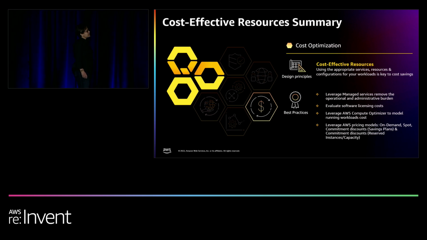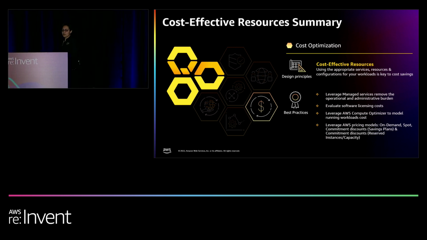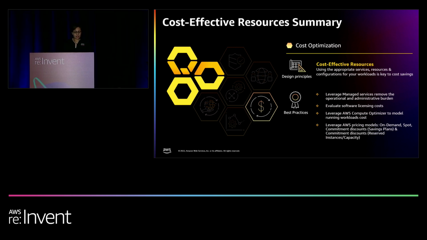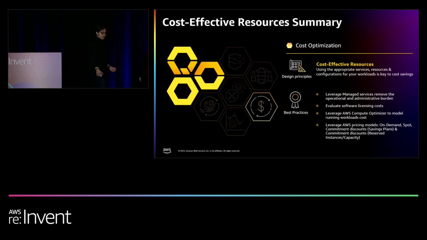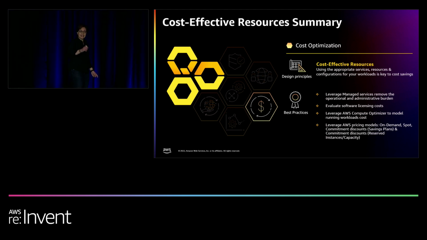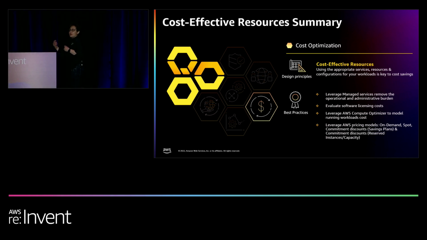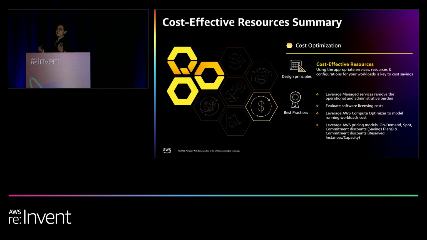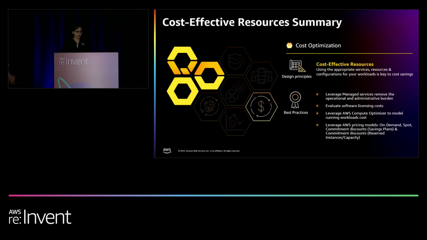All right, so let's sum up the cost-effective resources. To successfully have the most cost-effective resources, you gotta consider leveraging managed services versus self-managed services. You gotta look into Compute Optimizer to be able to right-size your workloads and not spend money on over-provisioning.